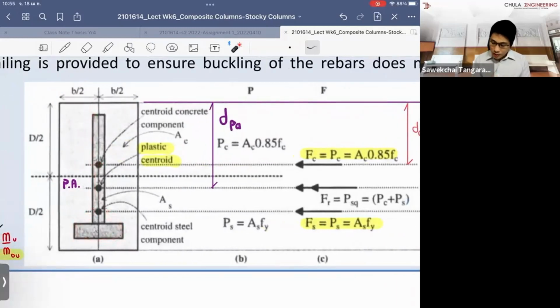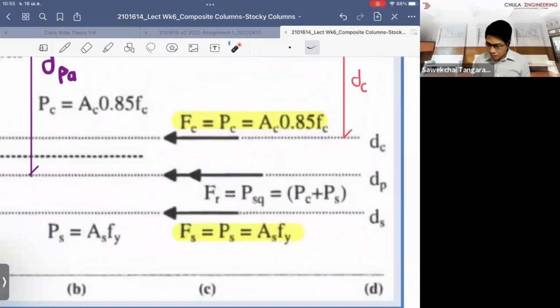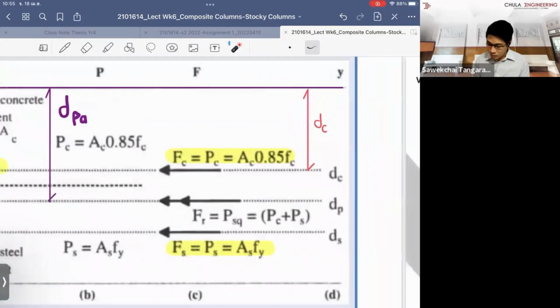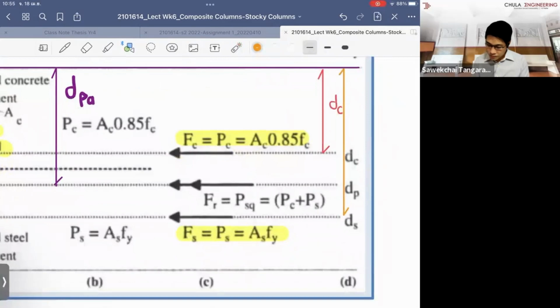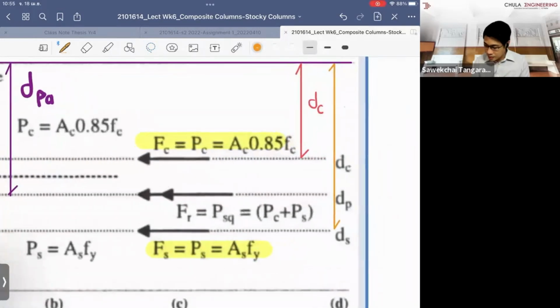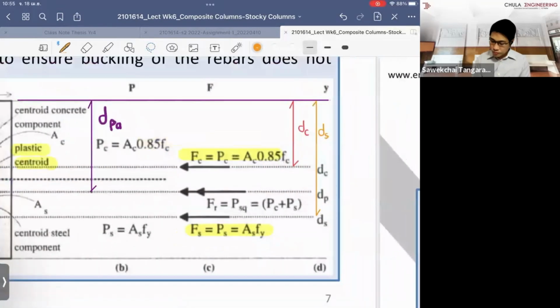But if you want to approximate, you can assume it to be at the center of the column cross section as well. But here, they want to make it more precise. And then you have the centroid of the steel, which is called DS.